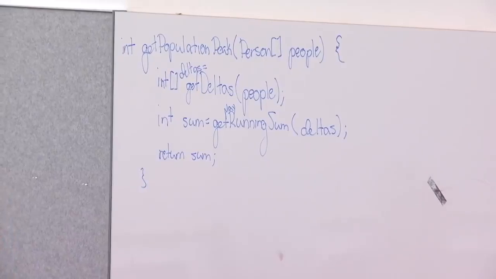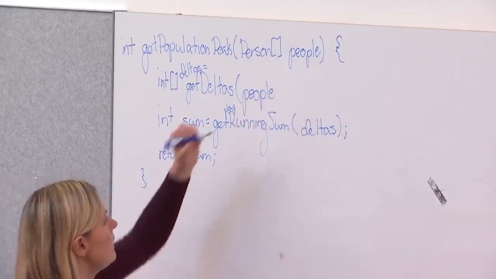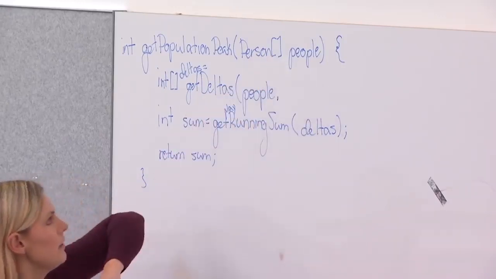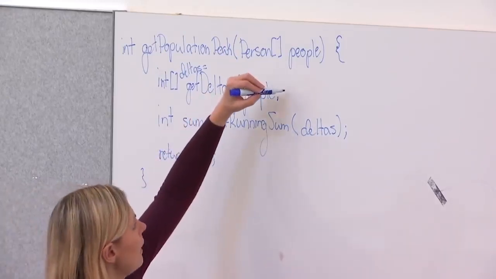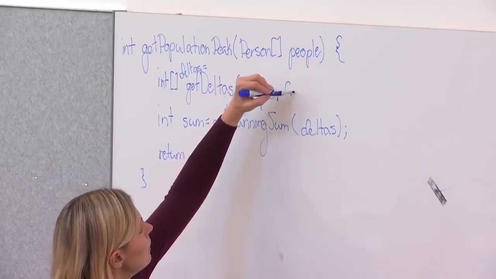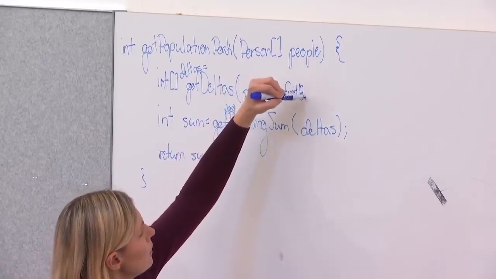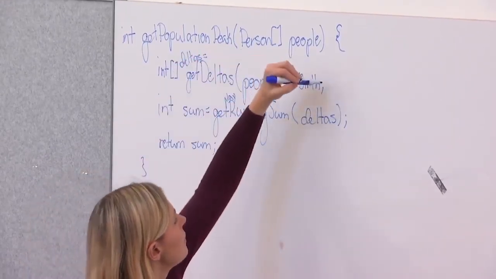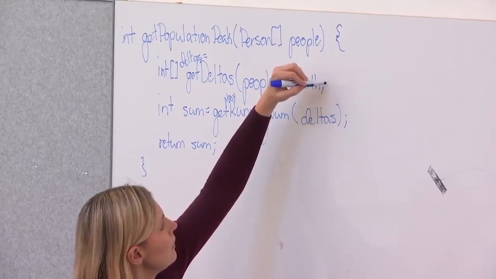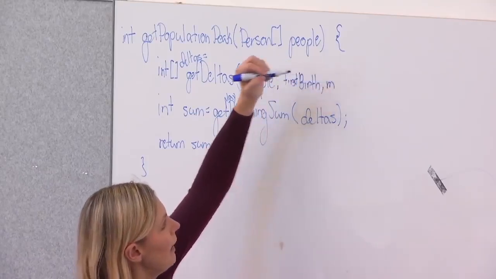I think what I'm going to do is, rather than having get deltas just take the people, have it take in a shift value. So I'm going to have it take in a first birth and last birth.